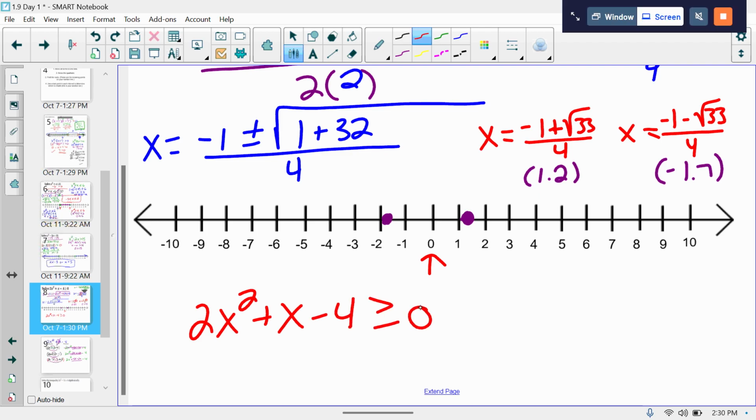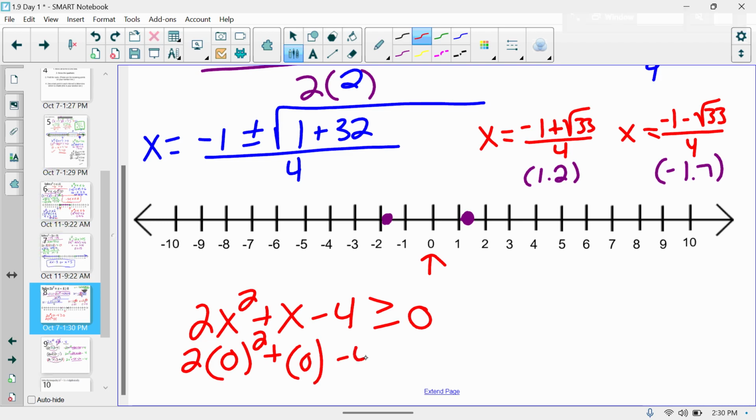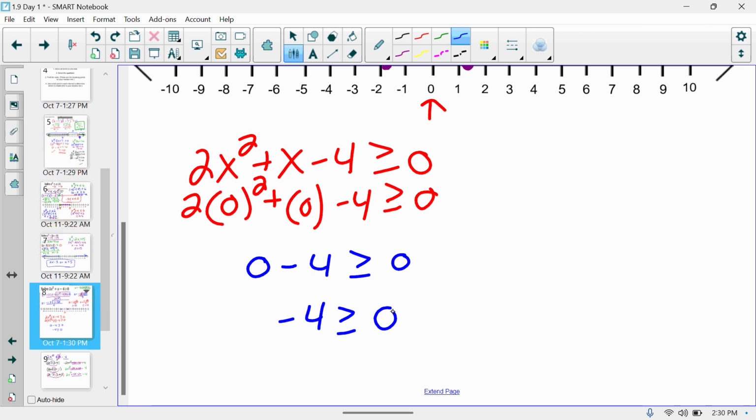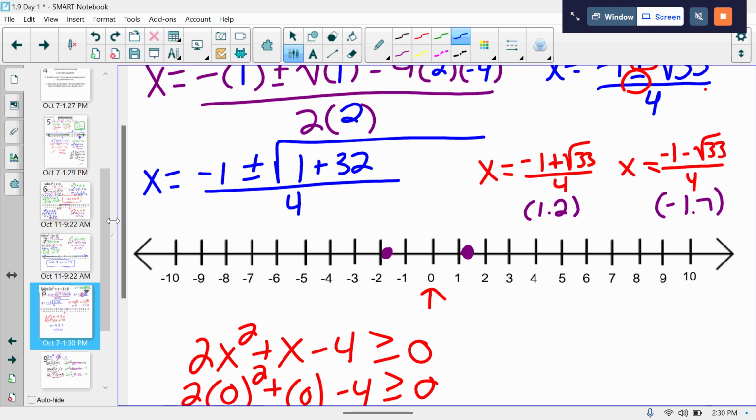If we plug in 0, let's see what happens. 0 squared is still 0 times 2 is still 0, you're just going to get 0 from all of this, okay? So negative 4 is greater than or equal to 0. Is it? Is negative 4 greater than or equal to 0? No, it's less than it. So we don't want to shade this section because 0 is not part of the solution set.